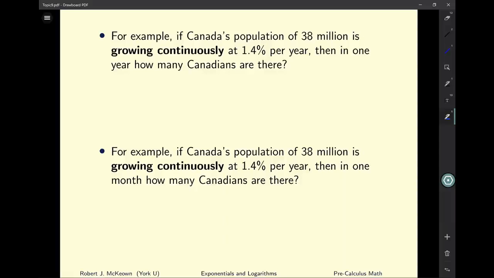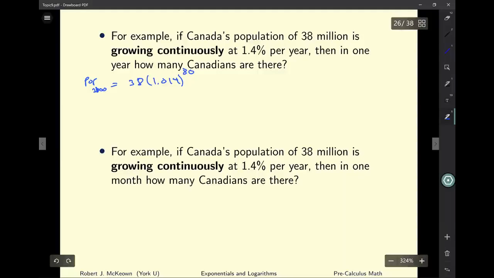This time, we're going to look at modeling, or using a function, for continuous growth. So before, we had something like, the population in 2100 was equal to 38 times 1.014 to the power of 80.